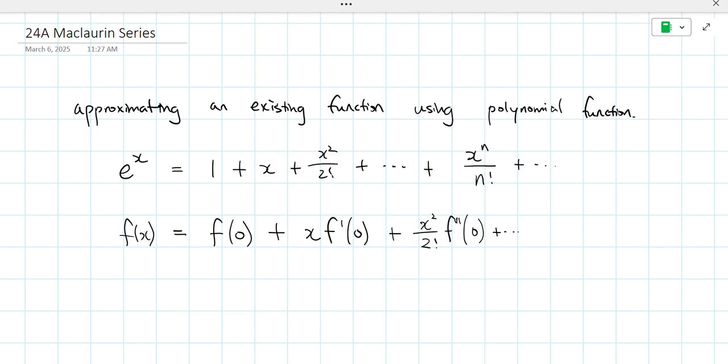That's exactly what you see on the formula booklet. You take an f of x, and you can make a Maclaurin series using this formula. If you ever want to go further, we can say it's x to the power of n over n factorial times f to the power of n of 0.